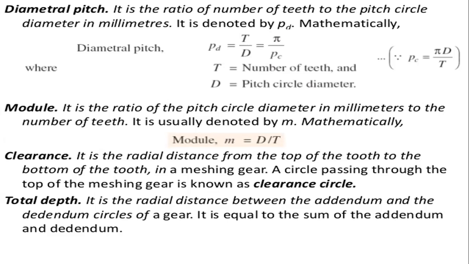And mathematically, module m is equal to D by T. That is, module small m is taken as capital D by T, that is pitch circle diameter divided by number of teeth.